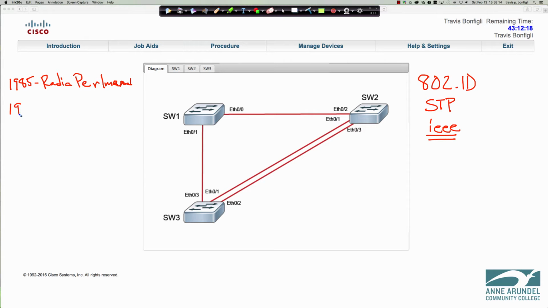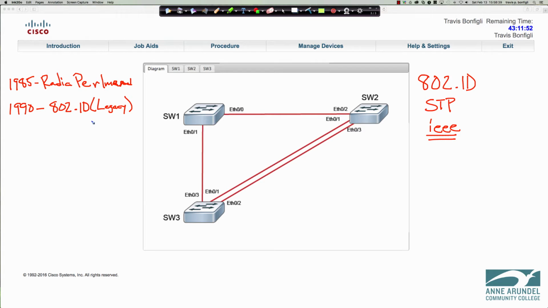And then in 1990, the IEEE published the first standard, and that was 802.1D. And again, this is very legacy. This is big time legacy. And it's still out there. It's actually the default on the Cisco switches when we talk about the IEEE spanning tree protocol.